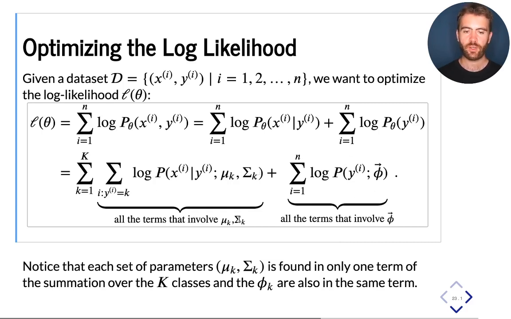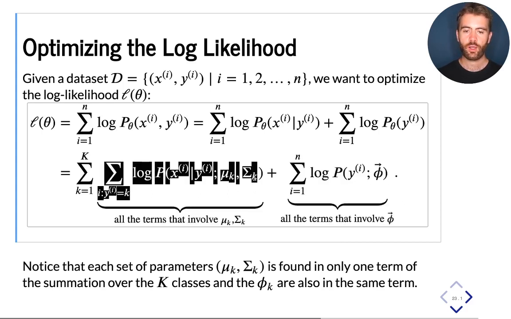Similarly, if I want to optimize for the best mu_k and sigma_k, I just need to look at this expression for the value of k that I'm interested in, and I can ignore this term, and also all the other terms in this summation that do not involve that value of k.